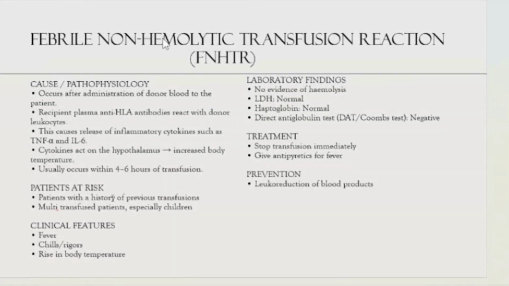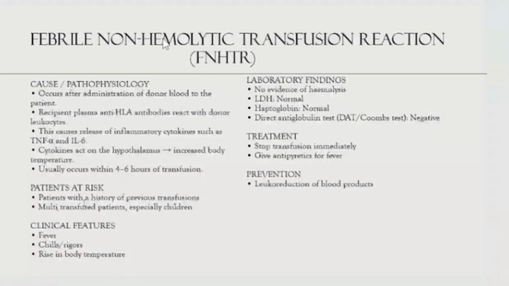So, who are the patients at maximum risk of this FNHTR? Those patients that have a history of previous transfusion. Because logically, think: if a person has already had a transfusion, that means that blood is recognized by the immune system of that person, and now that person's immune system would start to form antibody against the donor WBC.